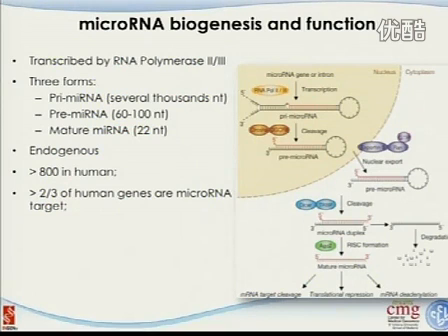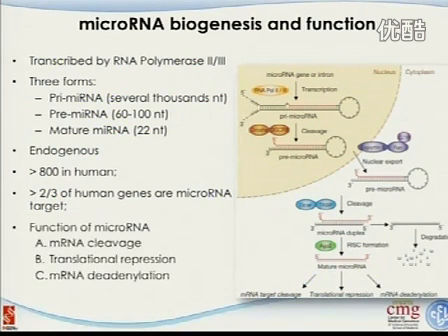And we know that about two-thirds of the human genes are actually microRNA targets. And so far, what we know of the function of microRNA is mRNA cleavage. So it will bind on the 3' UTR of the gene, and then use other proteins to kill the target RNA, or translational repression and mRNA deadenylation.